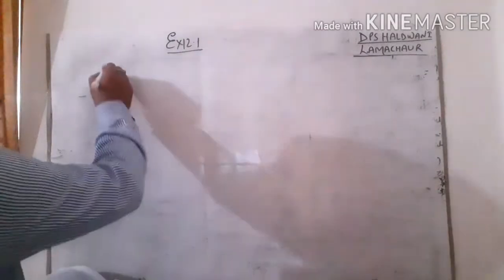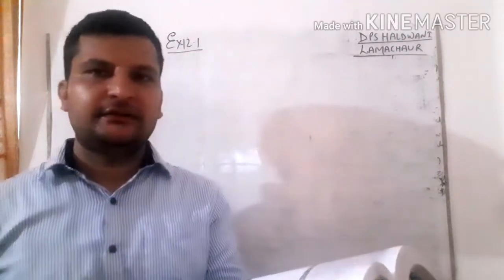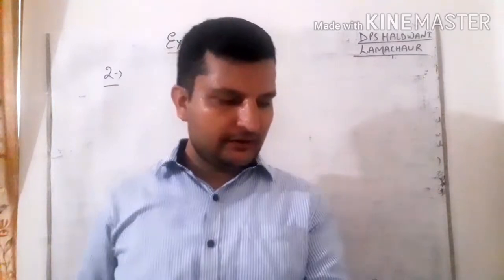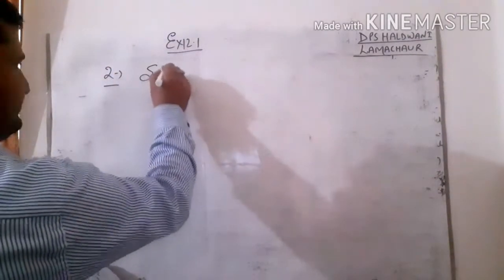Now students, we will start question number 2. Question number 2 is: the triangular side walls of a flyover have been used for advertisements. It is given in your book, and the sides of the walls are 122, 22 and 120 meters. So first we will write the sides of the wall.